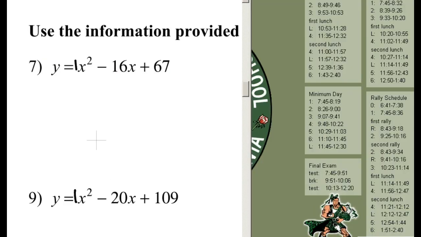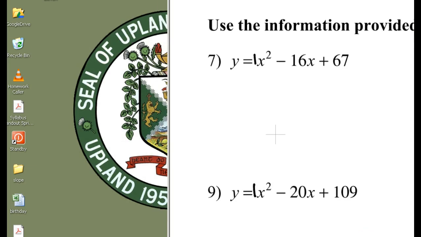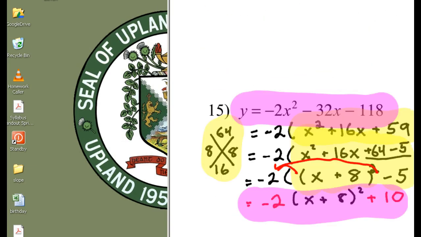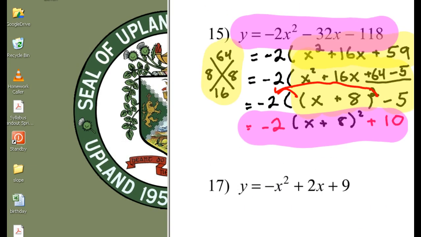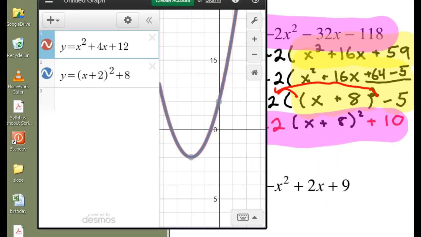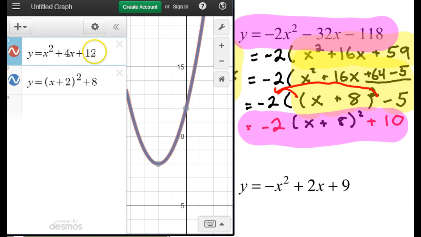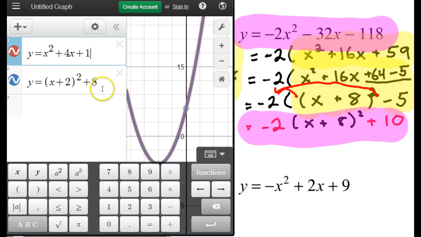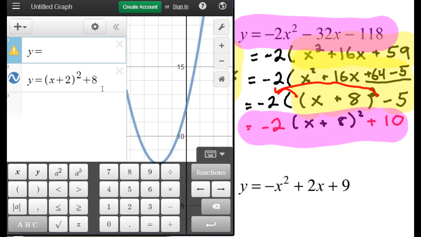So let's look at that. Okay, let's put them both in and see what it looks like.